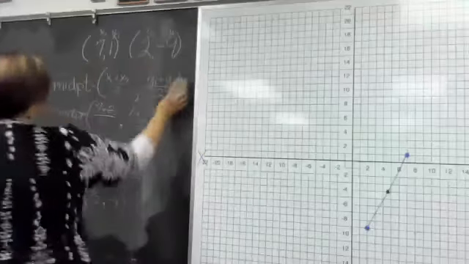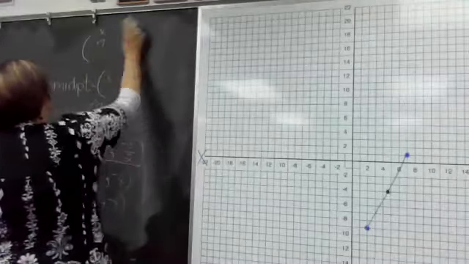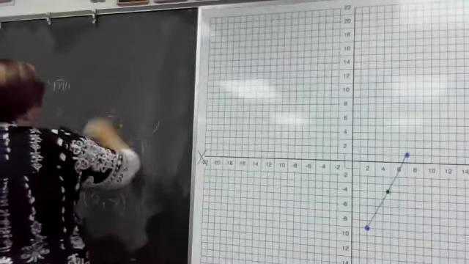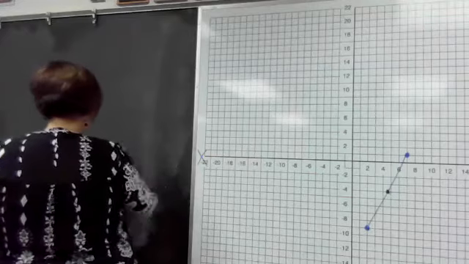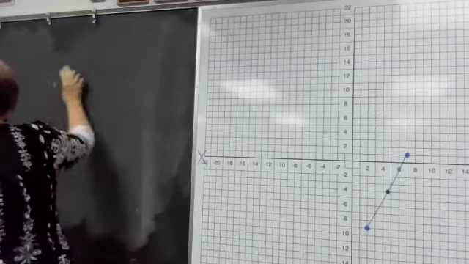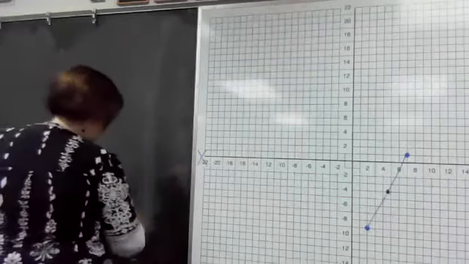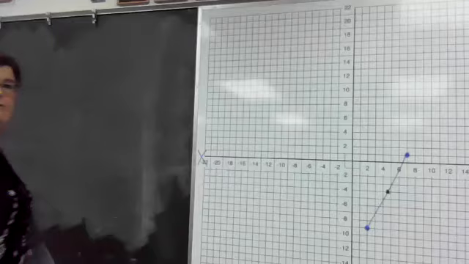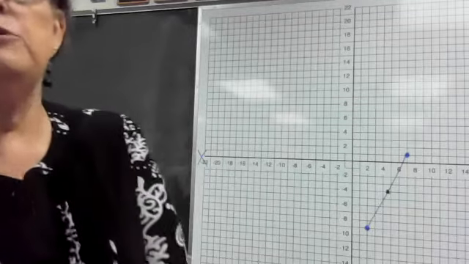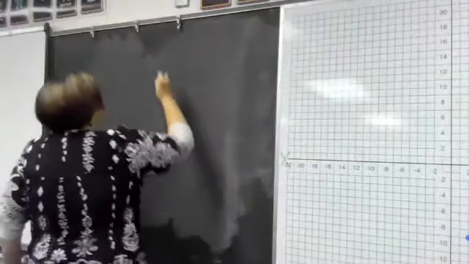So there are 4 main types of slopes. But first, let me tell you exactly what it means, what the slope actually means. Slope is the slant of a line.